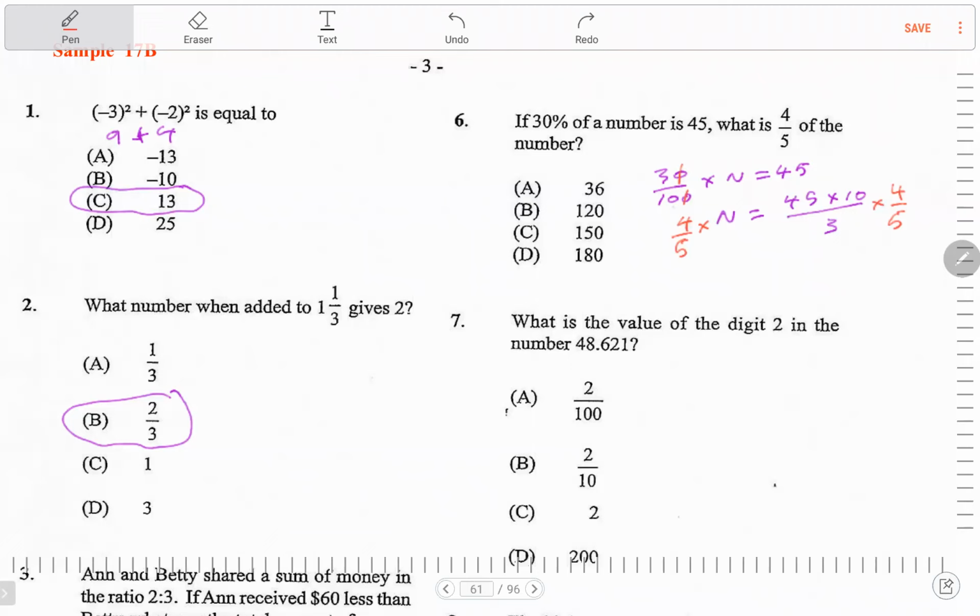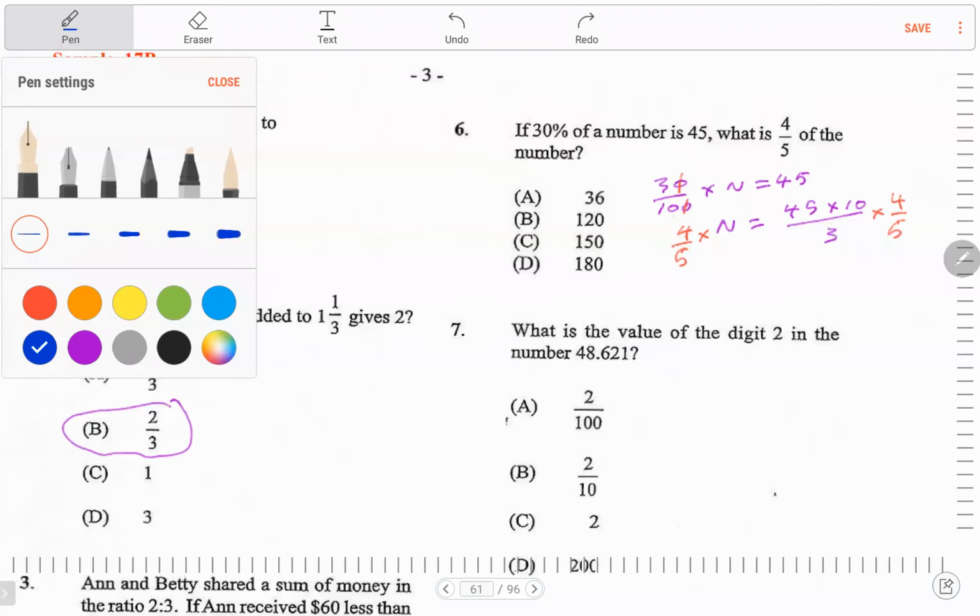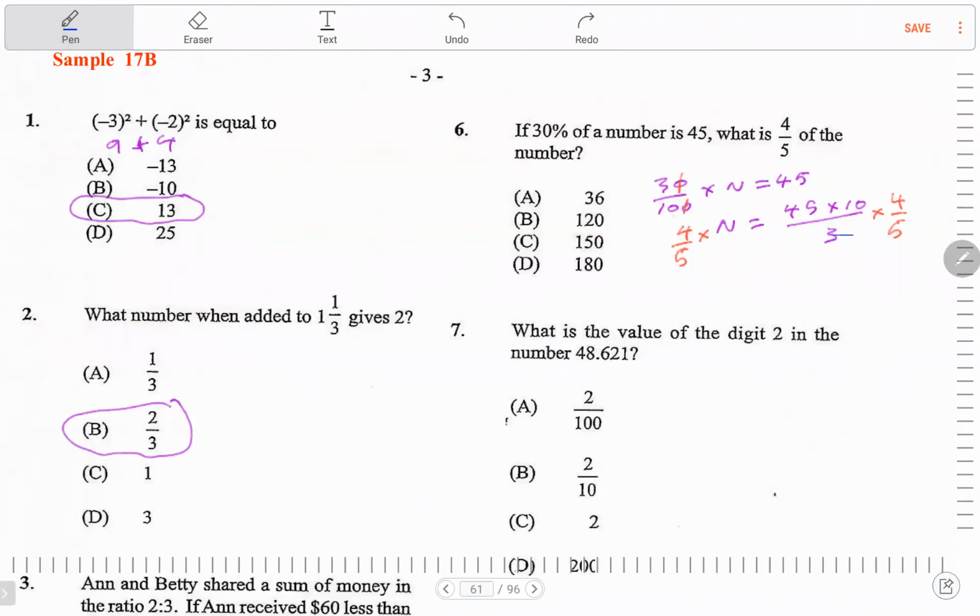So we can cancel them down. Let's use the blue to cancel it down since we have some red in. 3 into this goes 1 time, and 3 into the 45 is 15, and then 5 into this is 1. 5 into 15 is 3.